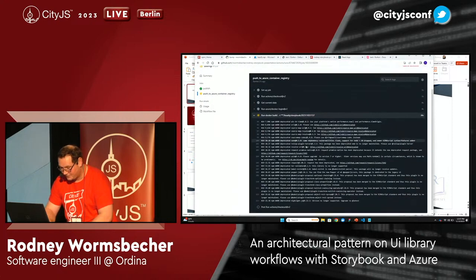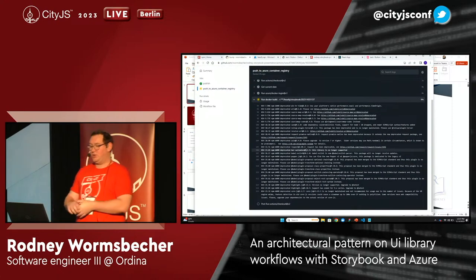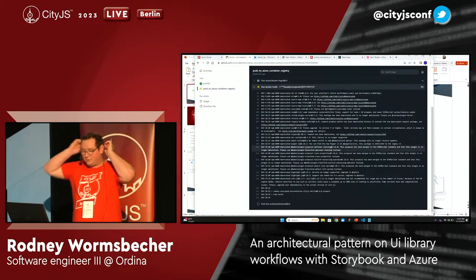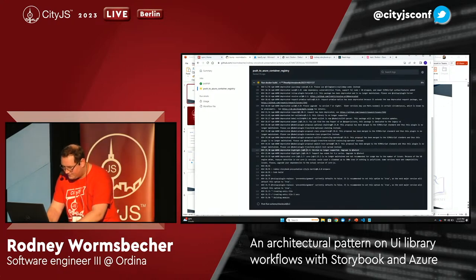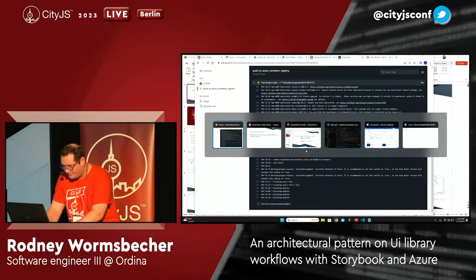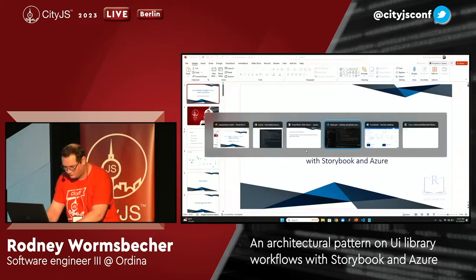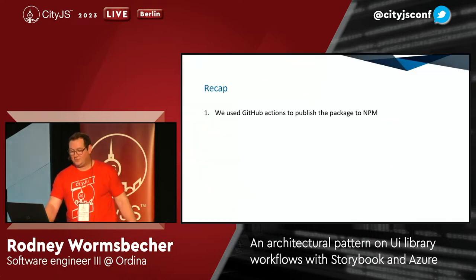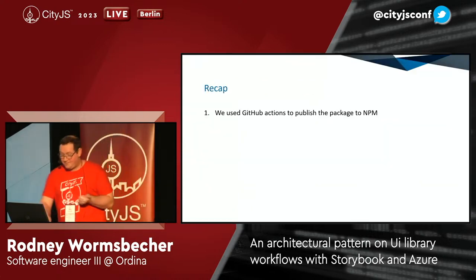Here. Which is just being slow today. So once this one is done, we will actually hook up the latest hook, and then we're finished. I do have to wait a second. So I'll first go into the recap. So what we actually did, we created GitHub Actions to publish a package to NPM.